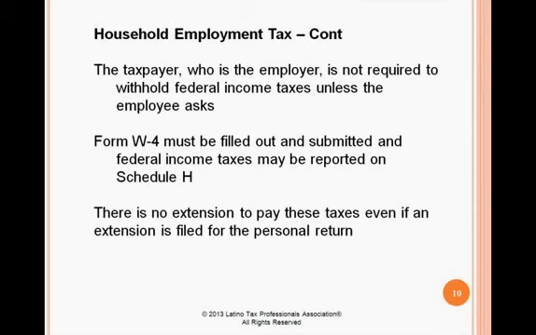You're not required to unless the employee asks. And they ask by filling out Form W-4 and submitting it, and then federal income taxes can be reported on Schedule H. Now, if you choose to do an extension to file or pay your own taxes, it doesn't apply to your household employment taxes. There is no extension to pay these taxes, even if an extension is filed for the personal return.